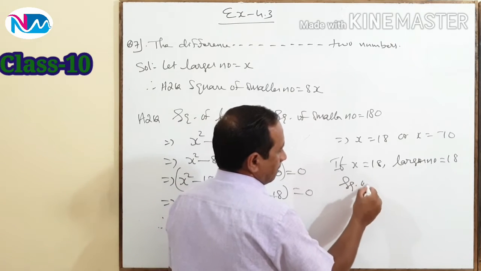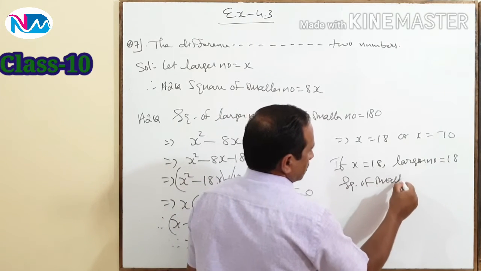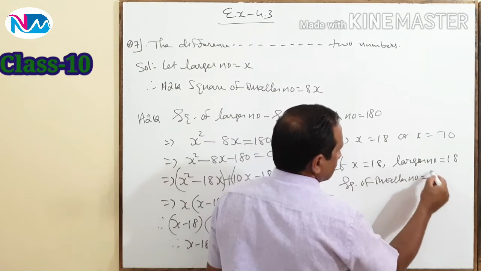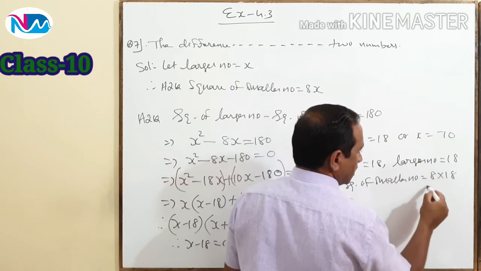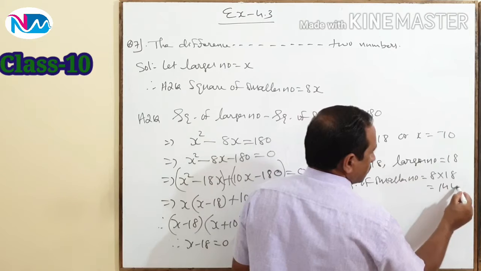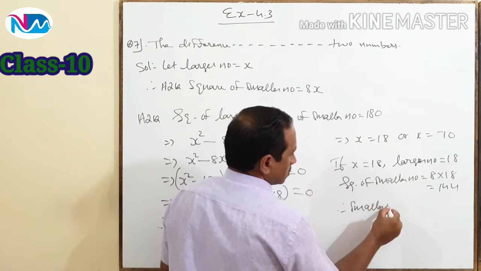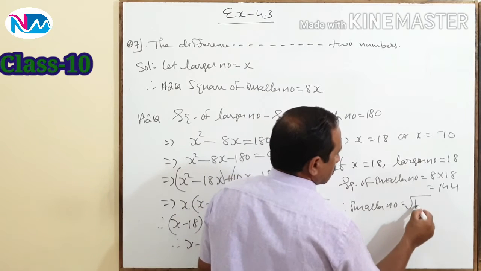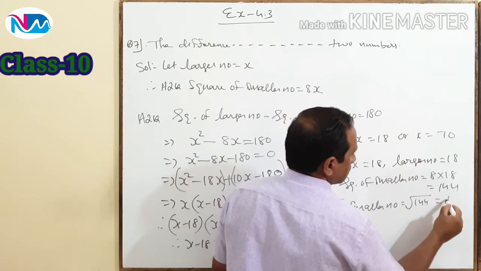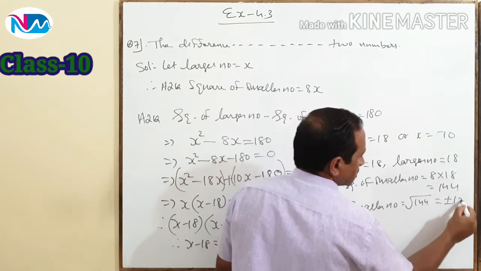square of smaller number is equal to 8x, 8 into 18, that is equal to 144. Therefore, smaller number is equal to root of 144, which is equal to plus or minus 12.